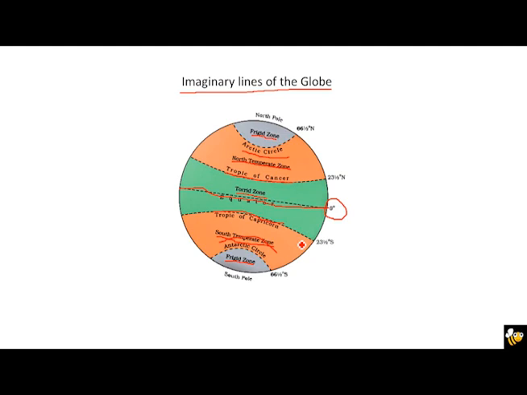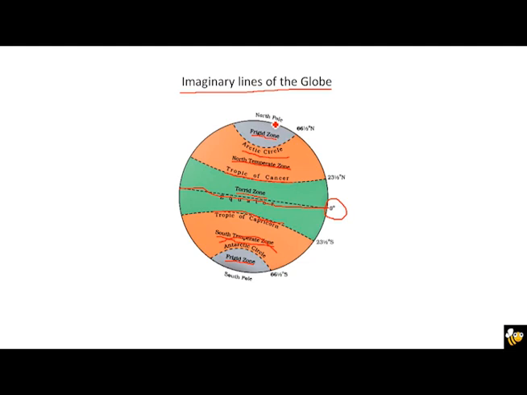I hope I was not too fast. Don't worry, I am explaining it a second time. See, our globe has imaginary lines, and these imaginary lines are not naturally made by nature, but are human made.